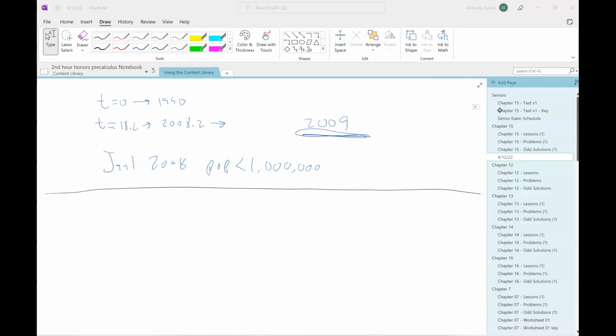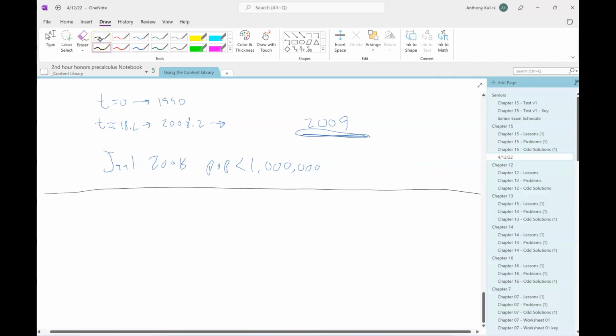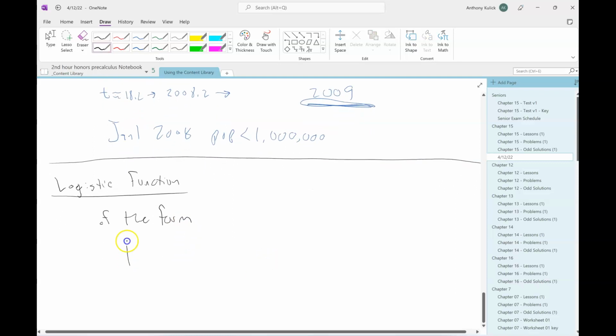So oftentimes a more helpful function for us is a logistic function. Logistic functions are of the form f of x equals c over 1 plus a times b to the x.